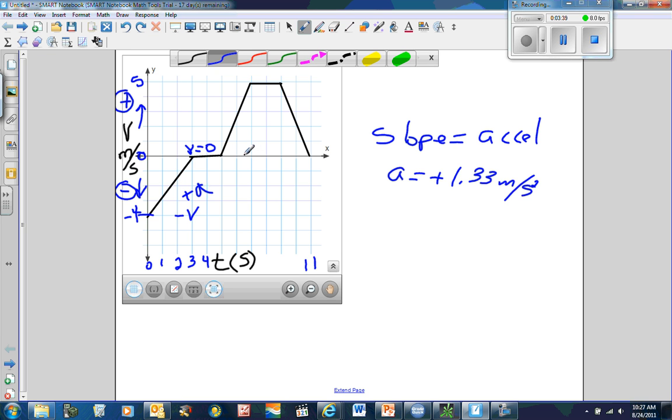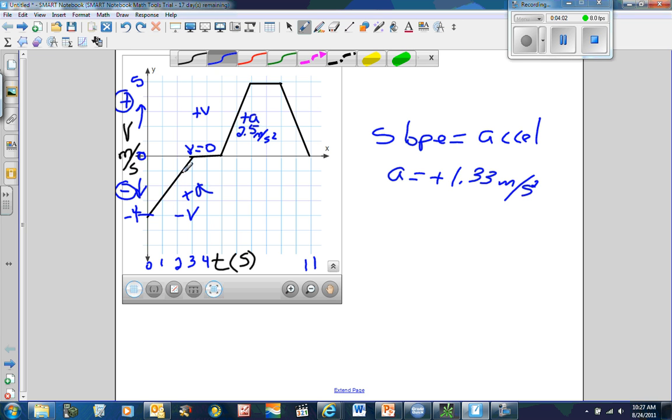So it's going to be 5 divided by 2 for my slope. So for this part, I have a positive acceleration that equals 2.5 meters per second squared. And I also have a positive velocity. So that means I'm speeding up.